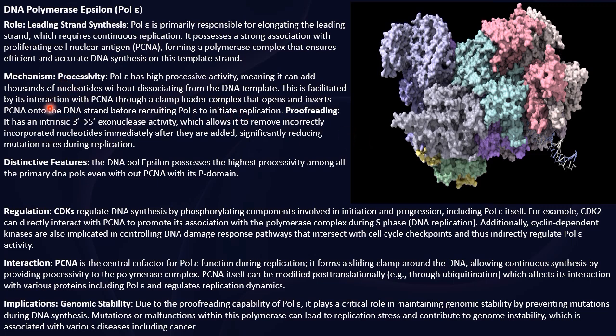Now, the distinctive feature which separates DNA pol epsilon from other primary DNA polymerases, that is pol alpha and pol delta, is its high processivity and the P domain, which is this portion, which helps it bind tightly to the DNA and thus increases its processivity.